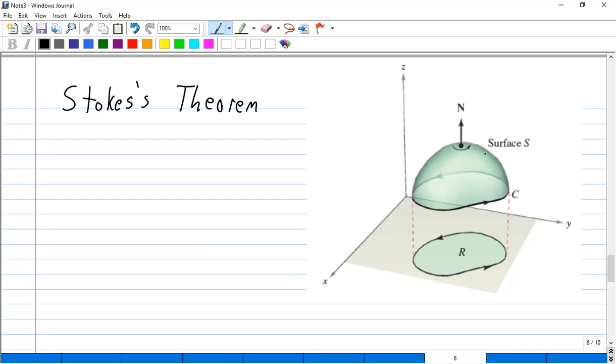So you can see it's closed. You can see it has a unit normal vector, and we have the projection down here in the XY plane. It is that counterclockwise rotation over some region. It's smooth. It's not broken into pieces. The positive direction along C is counterclockwise relative to this normal vector, you see. Counterclockwise, counterclockwise, counterclockwise.